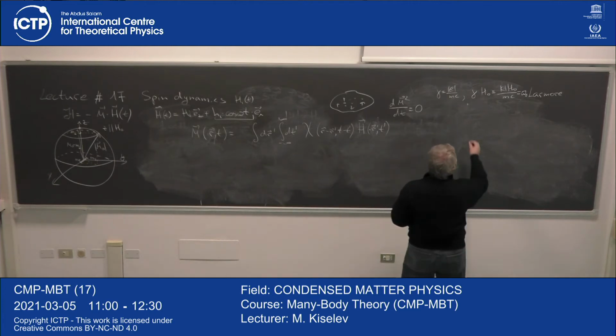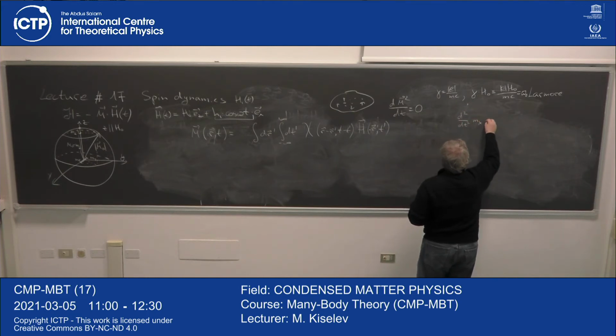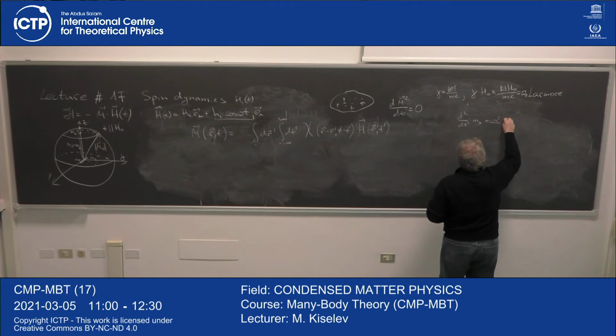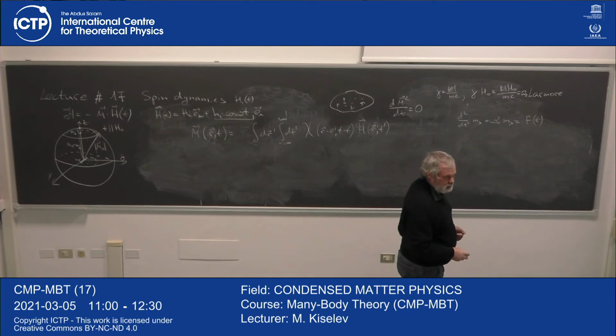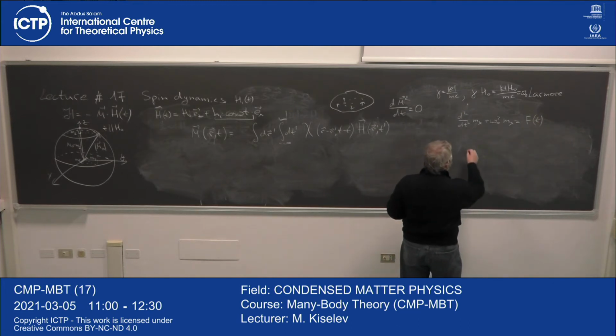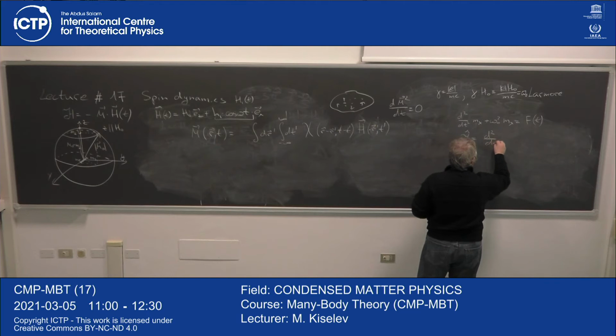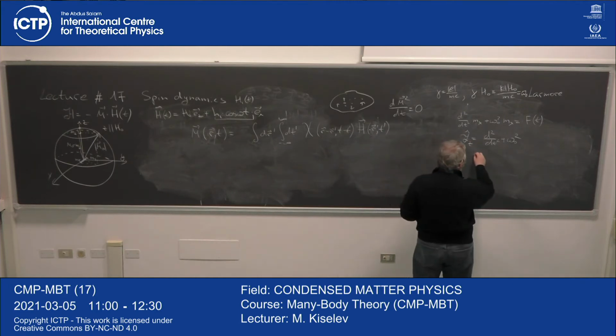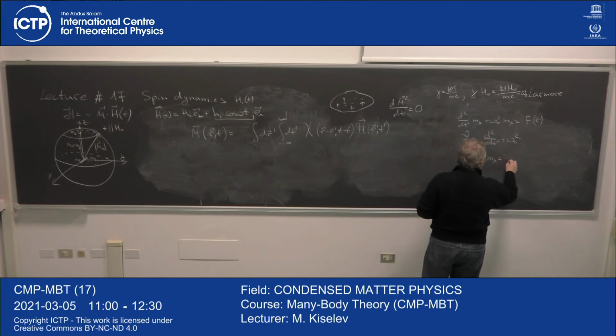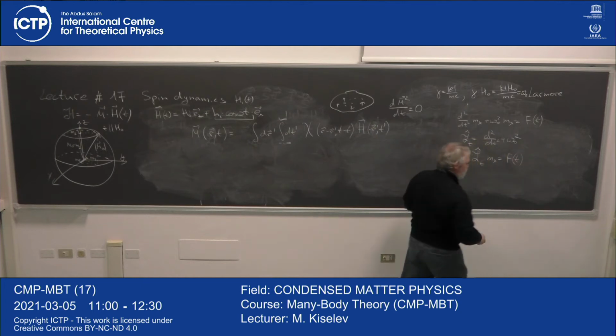We have our equation d squared over dt squared of mx plus omega naught squared mx equal to f(t), some external force. Let me define the differential operator L, which is d squared over dt squared plus omega naught squared. Then my equation reads L_t acting on my magnetization mx is equal to f(t).